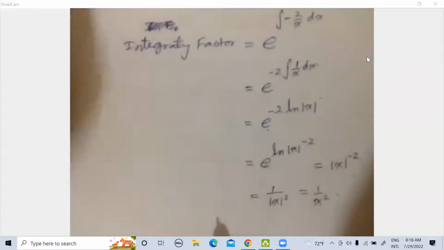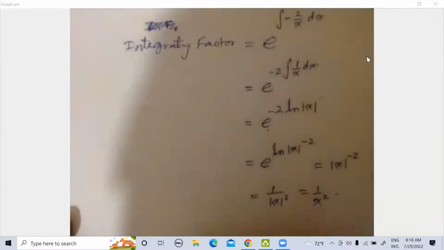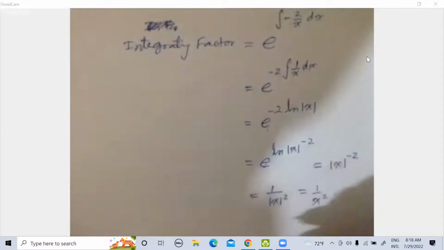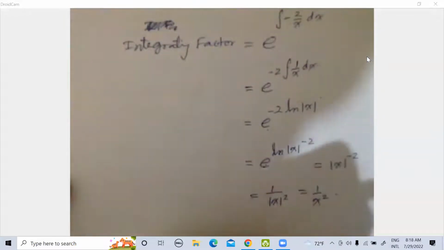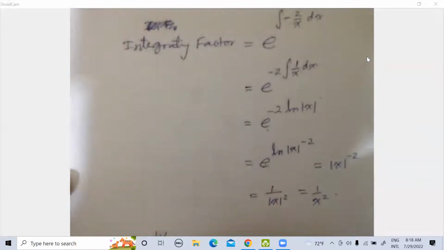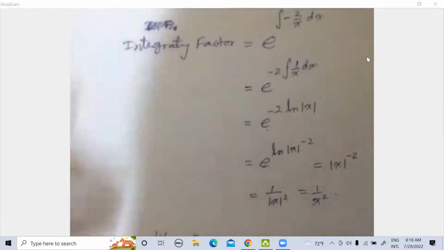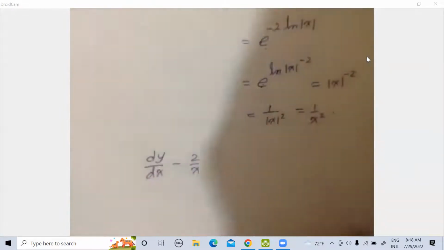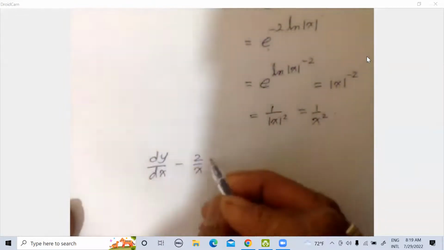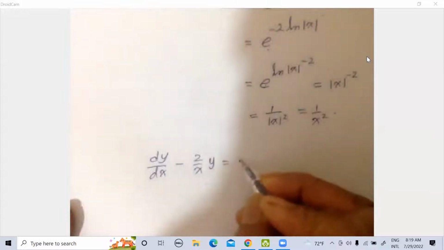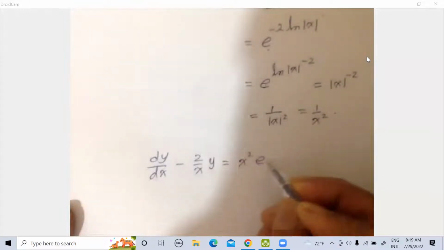For easy reference, let me write that again. What is my equation now? dy over dx minus 2 over x y equals x squared e to the x.